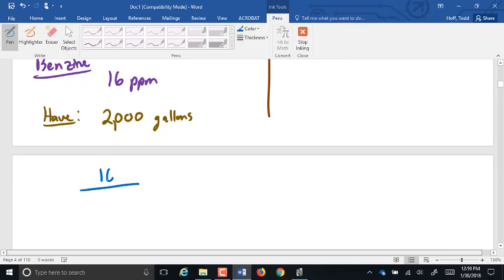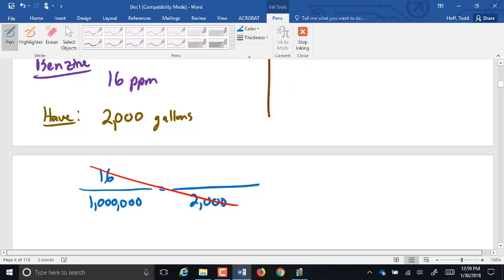Well, 16 parts per million is 16 over a million. How much is that out of 2,000? We would cross multiply and divide. 16 times 2,000 divided by 1 million. Is what, 0.032? So 0.032 gallons is all that can be in there.